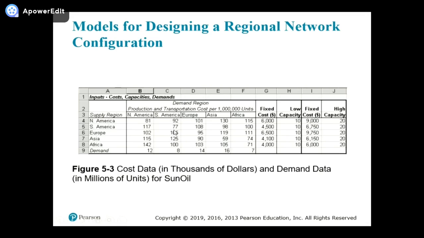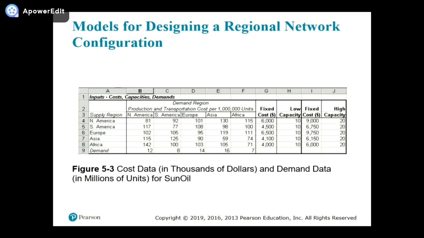So this is the cell cost for that. And it's cost in dollars per 1 million units. And then we have a demand forecast. Right? So this is the overall regional demand forecast. So overall, we have forecasted North America has 12 million units of demand. South America has 8 million units of demand, and so on and so forth.